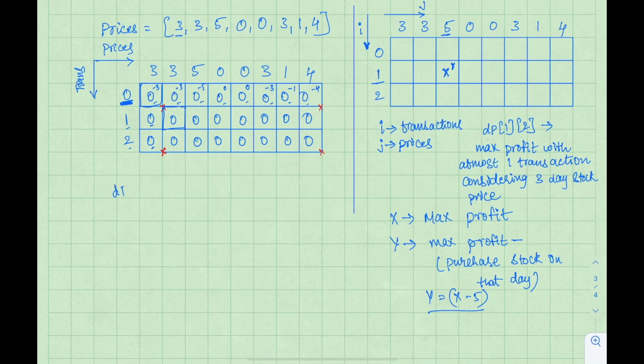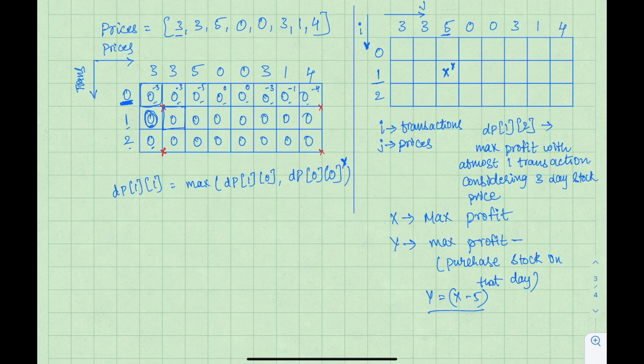When we are going to update dp of 1 1, we are going to take the max of dp of 1 0, which means the previous element, or you are going to consider the y for this element, dp of 0 0. I'm going to consider the y element. That is why I'm marking it here as y.